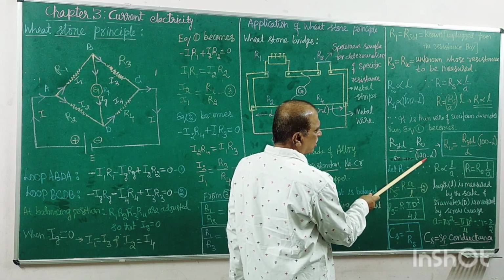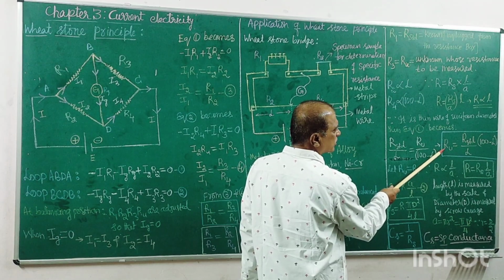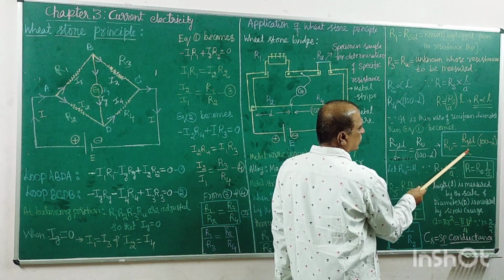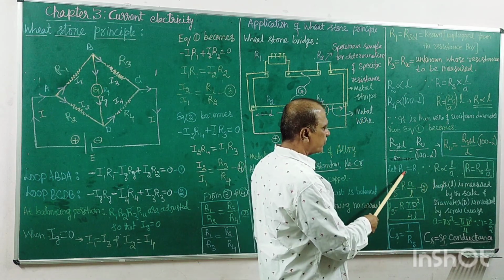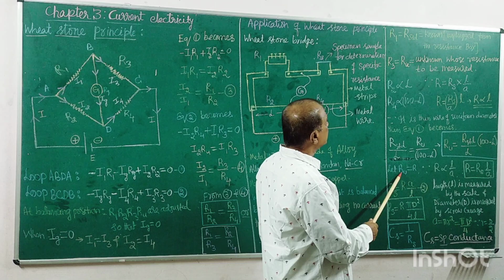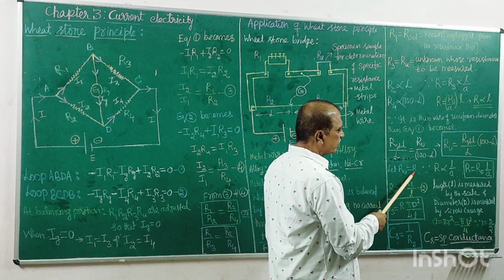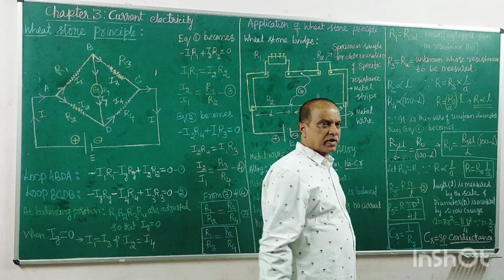And you can calculate Ru, the unknown resistance. These values are known, substitute them and simplify, and you get Ru. What is Ru? The resistance of the specimen to be determined. Let us call it R, the resistance of the specimen we determined.